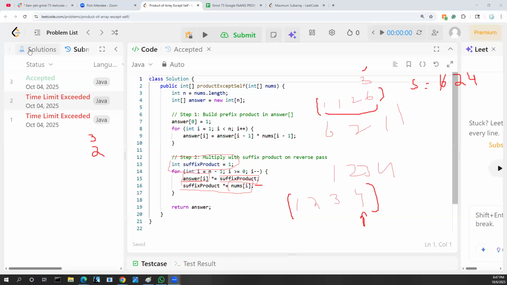Okay, we have answer of I is equal to which will be this one. We are at 2 currently, and if we multiply it with suffix, I don't know, I think it's a confusing one as well. We are updating the suffix product and restoring it in the answer file.